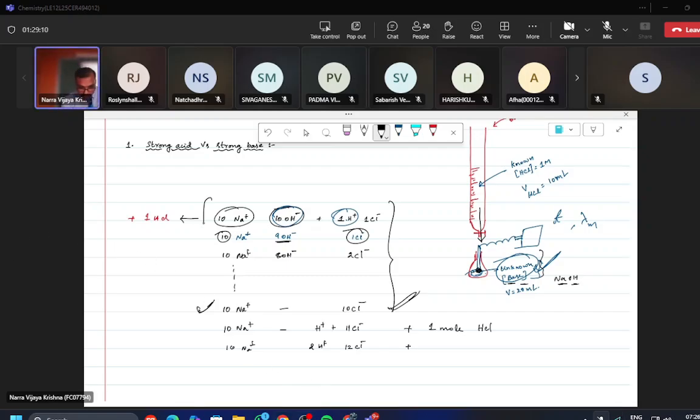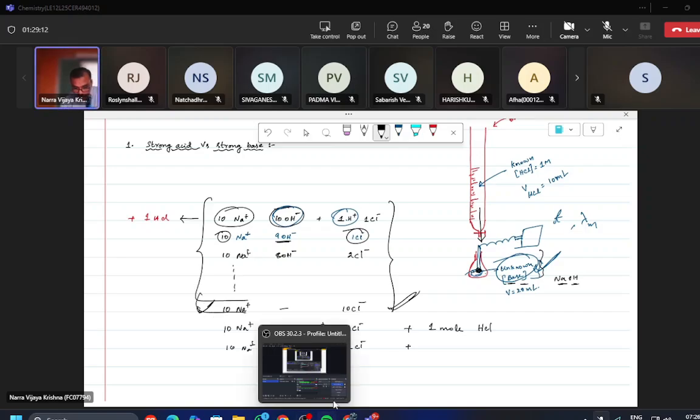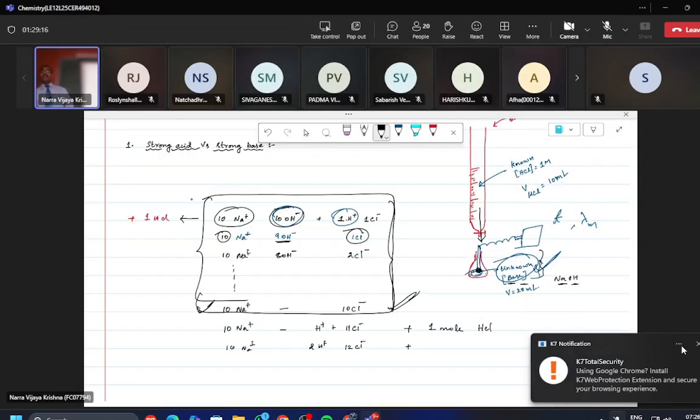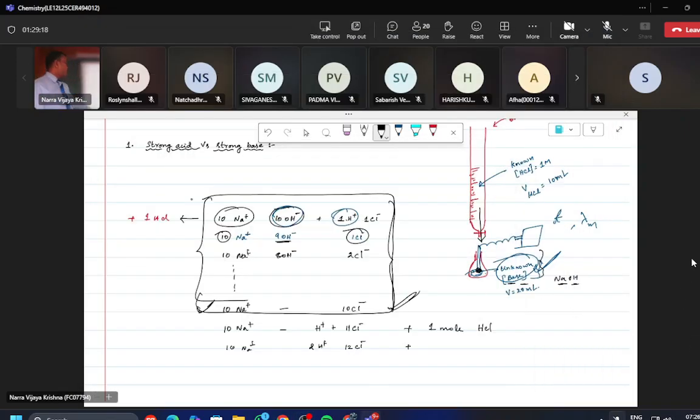Now observe here, up to this position, what happened to the total number of ions? From here to here, it remains the same. 10 Na plus, 10 OH minus. Now it became 10 Na plus, 9 OH minus, 1 Cl minus.